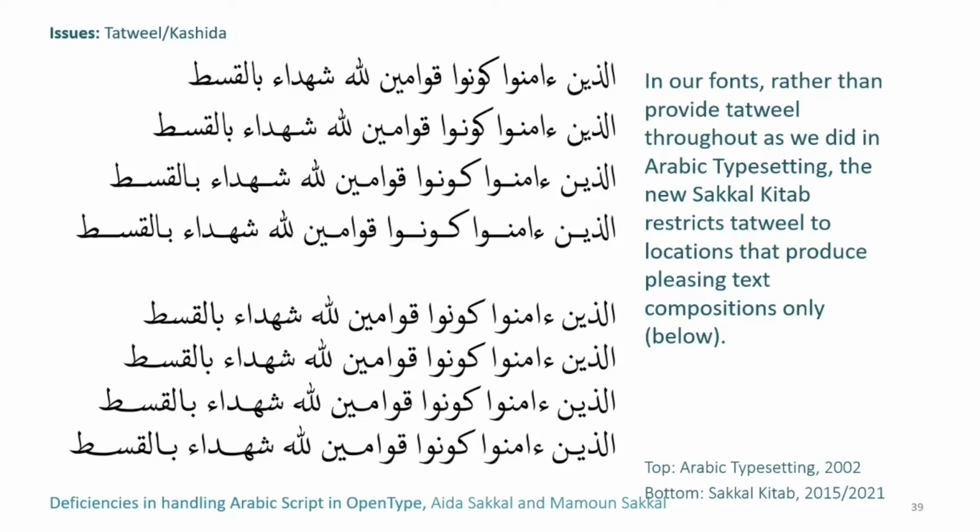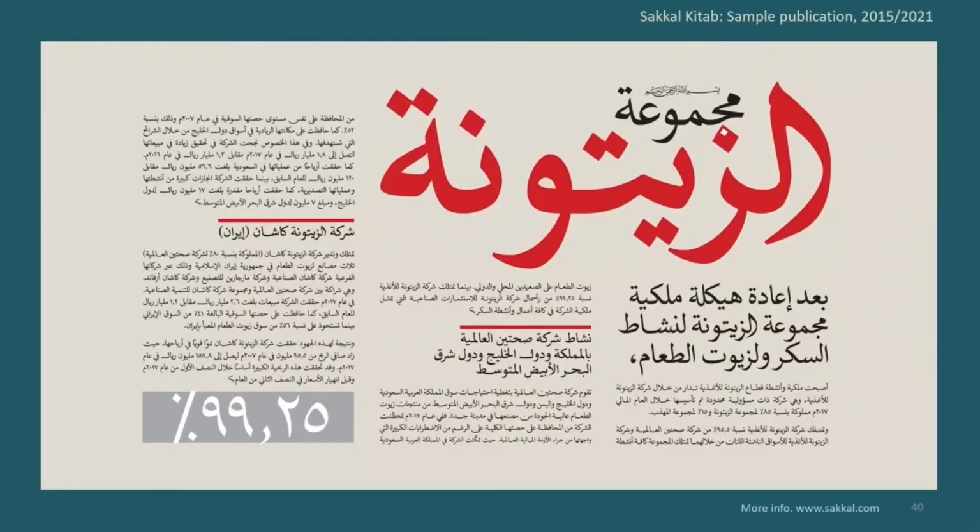So in here, we don't give the user the ability to add tatweel wherever they please, and as a consequence, adding automatic tatweel will also produce a better line because it is not randomly applied. And here is a full page layout of Sakkal Kitab, where justification is achieved by a balanced combination of tatweel or kashidas, swashes, and white spaces.